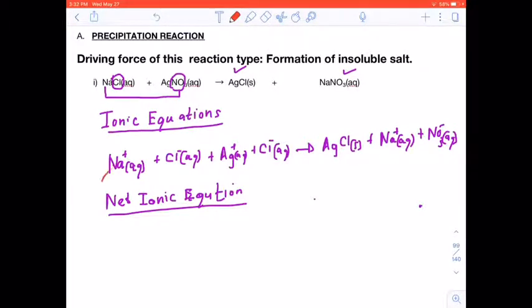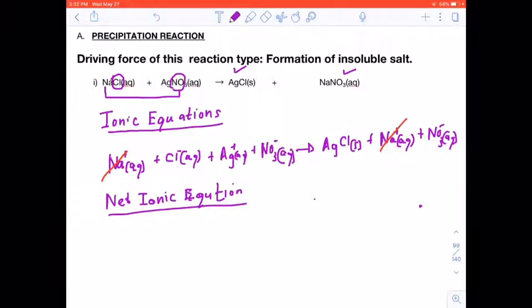We've got Na plus there and Na plus there, and I've made an error here, that was NO3 minus aqueous.